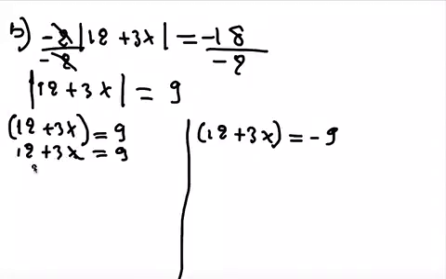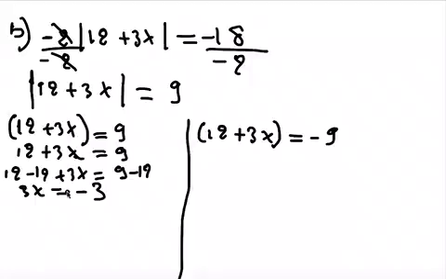To get 3x alone, we have to subtract 12 on both sides to make this one 0. That will be 12 minus 12 plus 3x is equal to 9 minus 12. This 12 minus 12 is 0. We'll have 3x, and 9 minus 12 is negative 3.